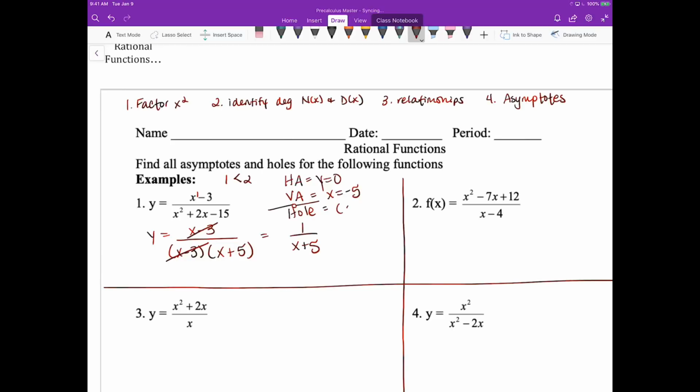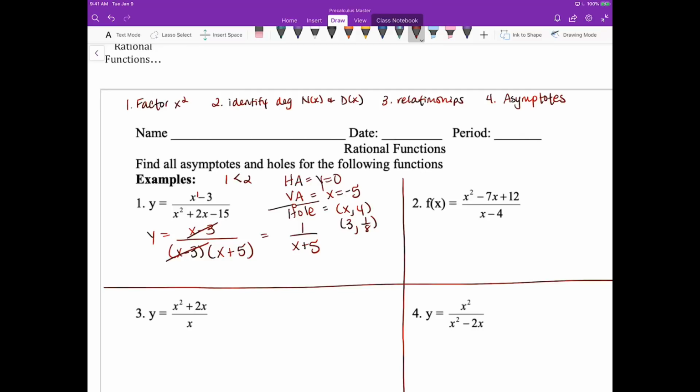So it's a point (x, y), and x equals 3, and y is whatever y is when x equals 3. If I substitute x back in there, I get 1 over 8, so that's where the hole is.